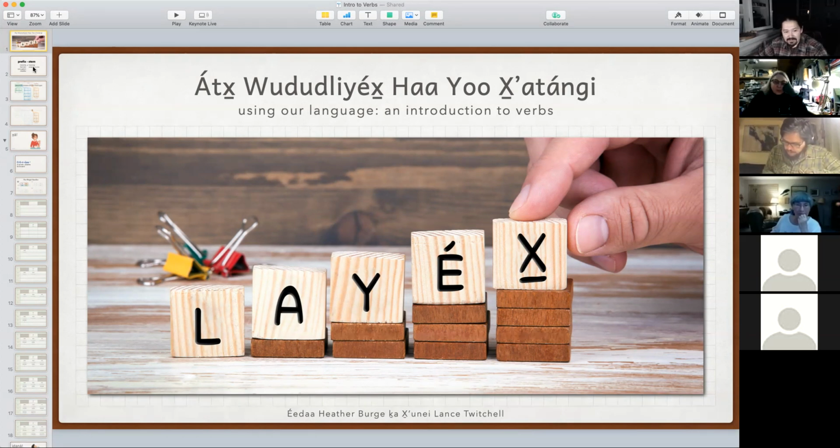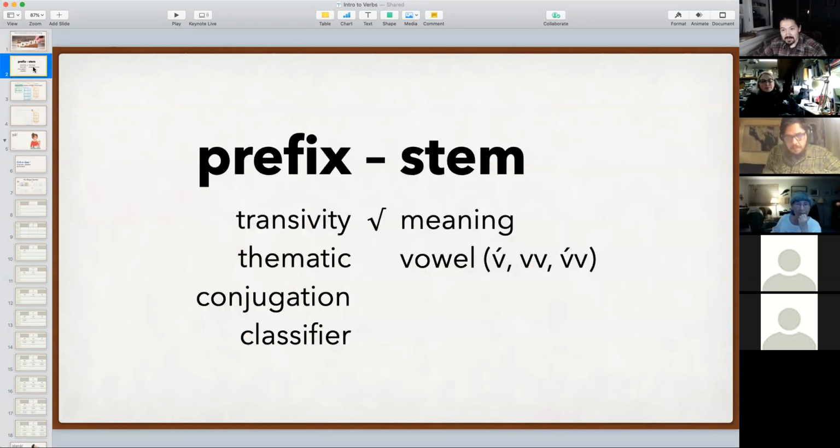Really, what we start with is there's a prefix and there's a stem. That's what you need to be able to put together: predicting what the prefix will be and predicting what the stem will be. It's this combination of factors that we're going to continue to come back to.